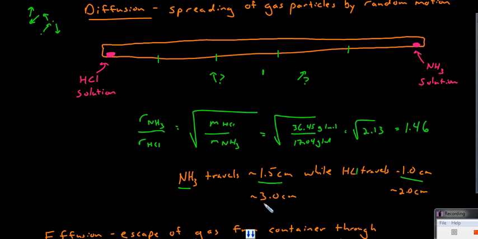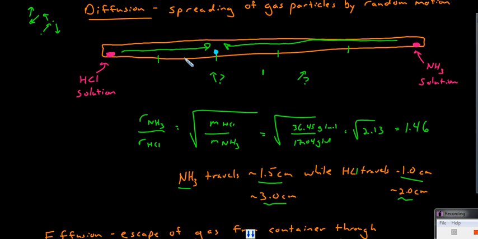Or we can say that ammonia travels about 3 centimeters, while hydrochloric acid travels about 2. Considering that ammonia moves about 1.5 times as fast, or about 3 blocks while hydrochloric acid moves about 2, we should expect that these two compounds will be meeting closer to the hydrochloric acid. In fact, they'll meet about here.